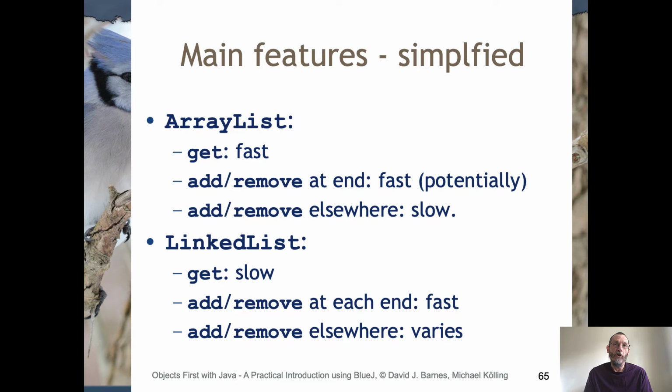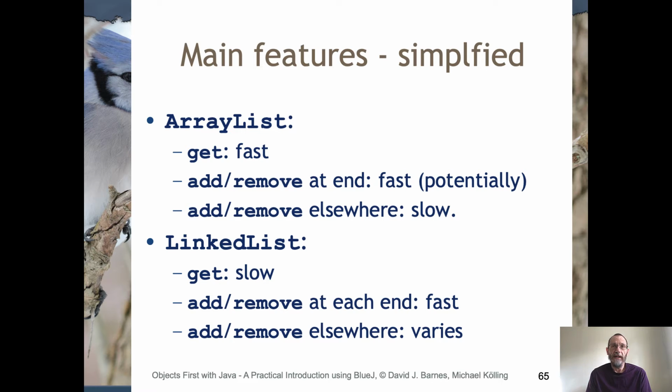In the case of removal, if we were to remove from the beginning of the array list, for instance, then you'll recall that we don't leave gaps on removal, and so all the items to the right of the one that's removed have to be moved down one place left in order to fill in the gap. So the addition and removal require some additional manipulation of the internal contents of the array list, which effectively slows down the operation.